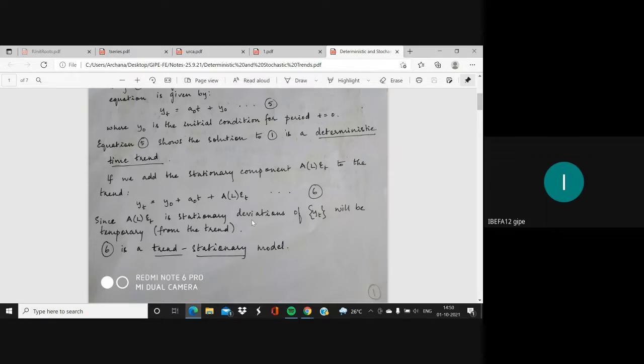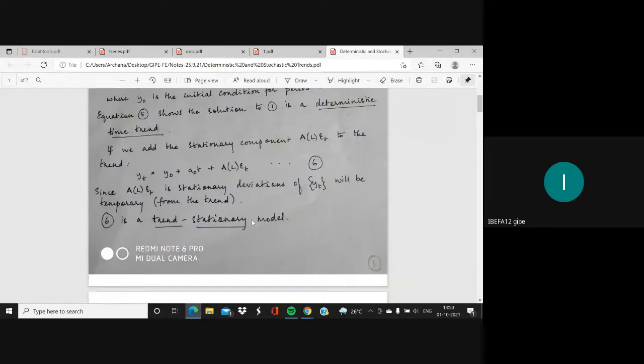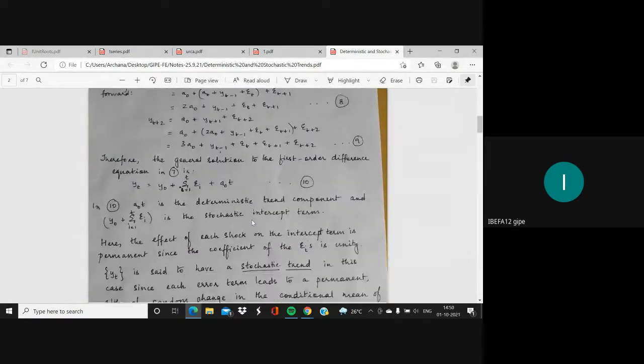So the impact of past shocks will begin to die out with the passage of time. But here in the second case, since the coefficient attached to each of these error terms is unity, the effect of these shocks will more or less be permanent. They will not decay over time.